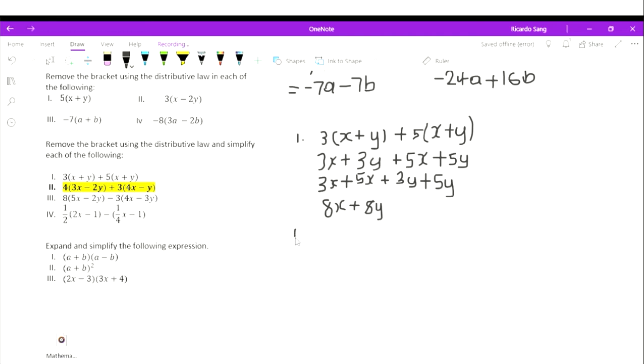Number 4 says, this one is Roman numeral 2. That is going to become 4.